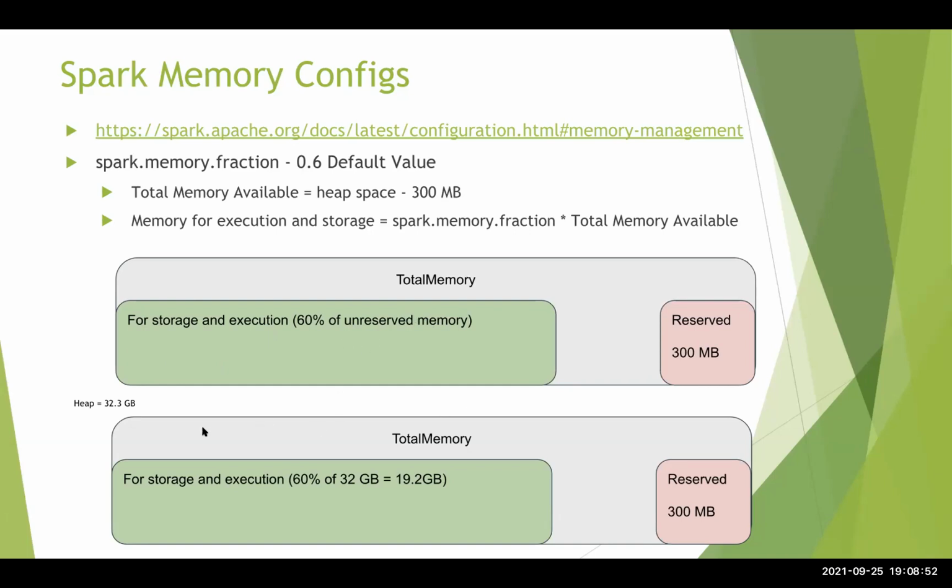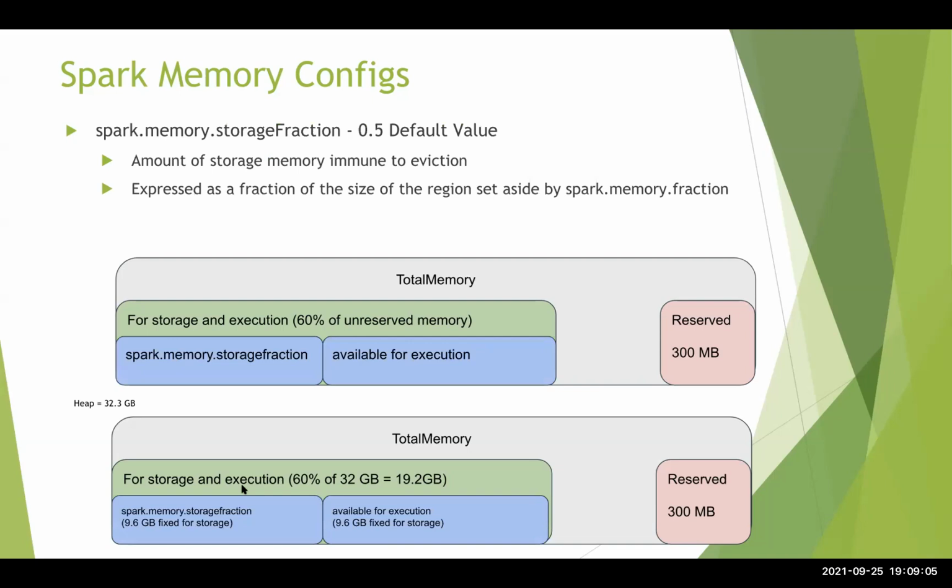I've given an example. Let's say I have 32.3 GB memory. 60% of 32.3 GB memory is 19.2 GB. So that's your memory which is used for storage and execution. Then within storage and execution, you have some memory available for storage, and some memory available for execution.